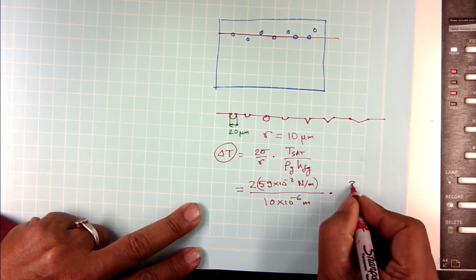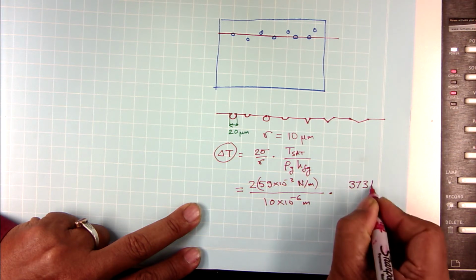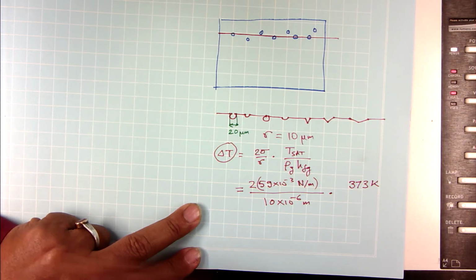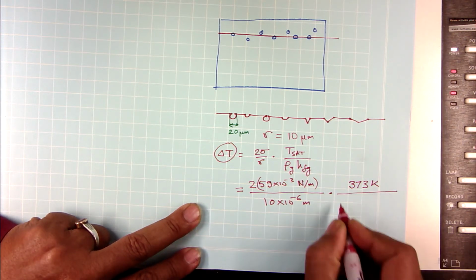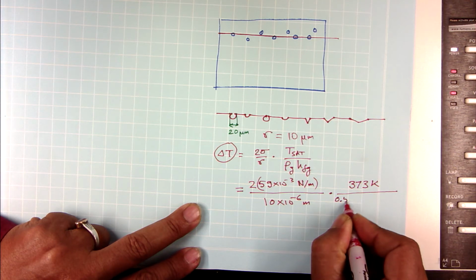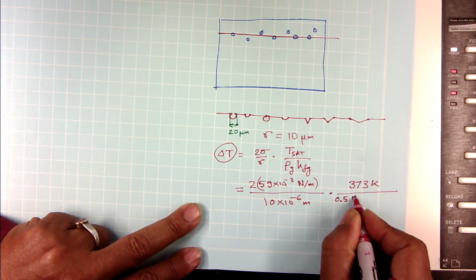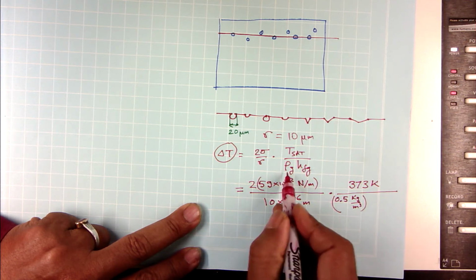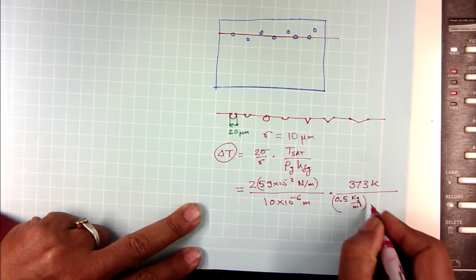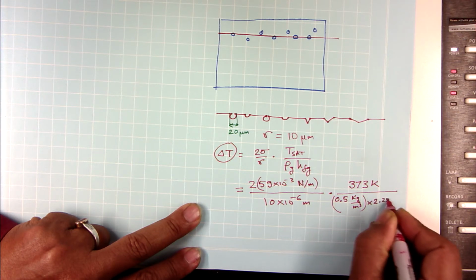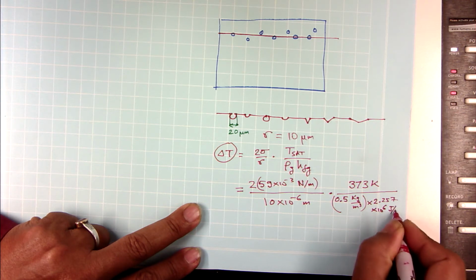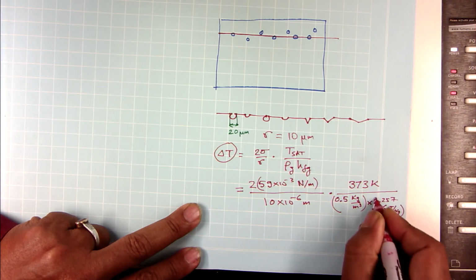So, the water will boil at 373 Kelvin. Okay. The typical density of vapor is about 0.5 kilograms per meter cubed, that is my rho g, and the latent heat of water is 2.257 times 10 to the power 6 joules per kilogram, is not it.